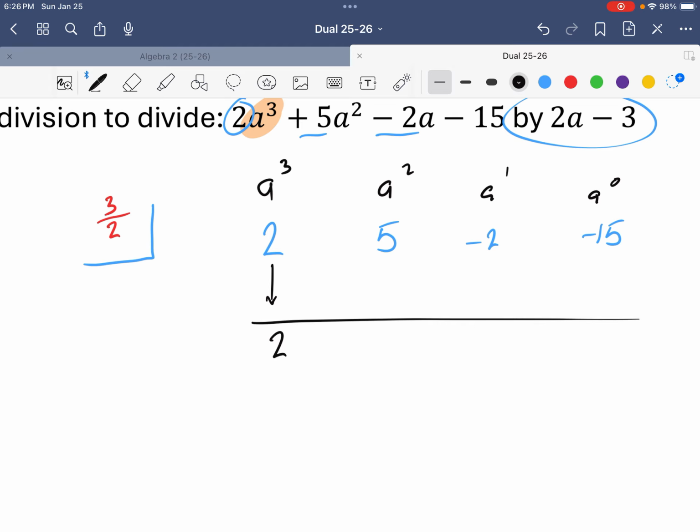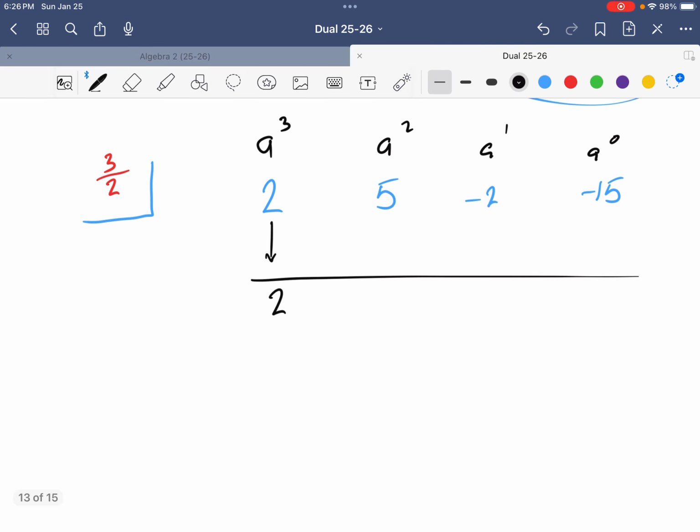3 over 2 times 2. What this means is pretty much you're going to do 3 times 2, which is 6. Then you're going to do 2 times 1, which is 2. And 6 divided by 2 is 3.